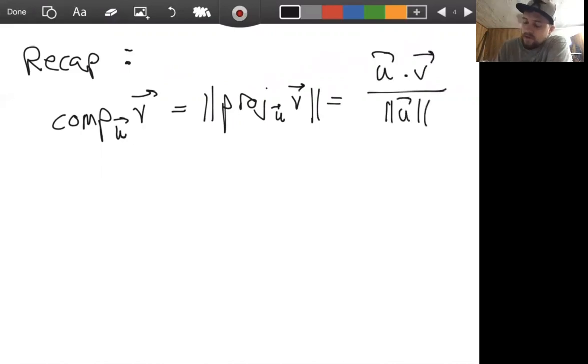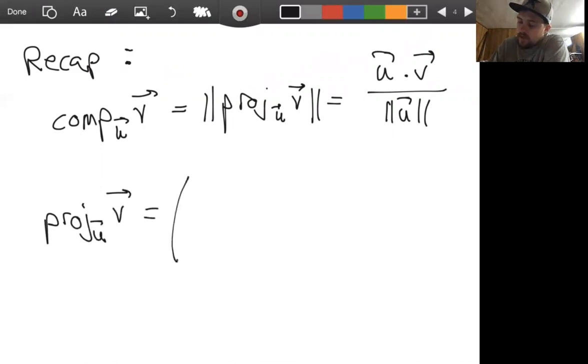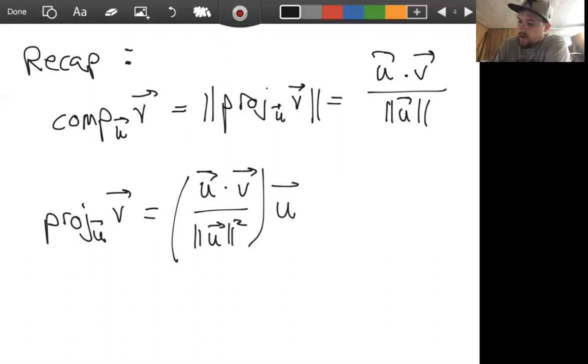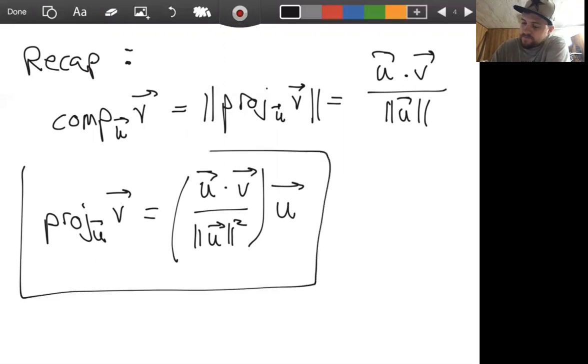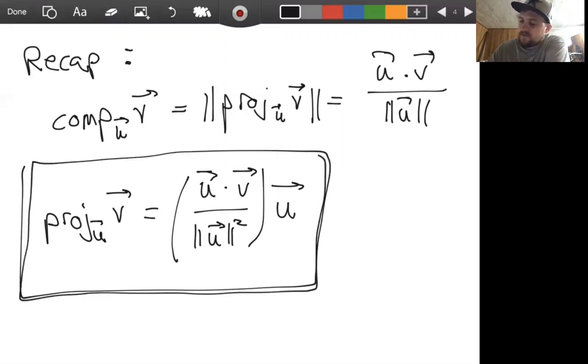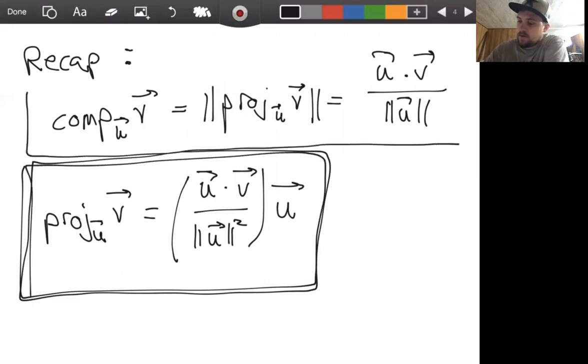We also learned, this was the scalar projection. Now we learned the actual formula for the projection vector itself. So the projection of v onto u is the vector given by u dot v over the magnitude of u squared times u. And so this is how we actually find projection vectors, and here is their magnitude.